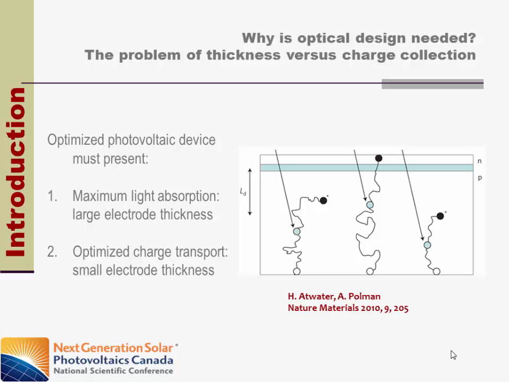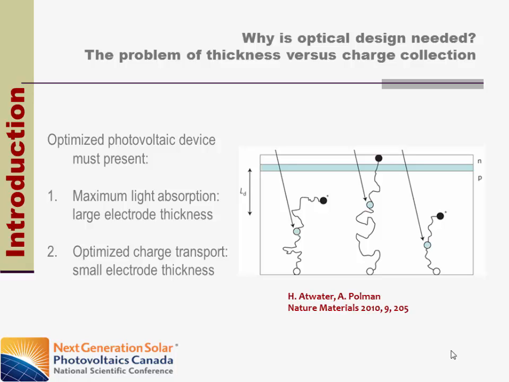On the other hand, I have to collect the photocarriers that I'm generating. And in order to do that, I need a material as thin as possible, so the carrier does not have to travel too much to get to the metal contact. And it is in this balance, in this compromise, where the optical design becomes relevant. It's pretty simple if you put it this way.